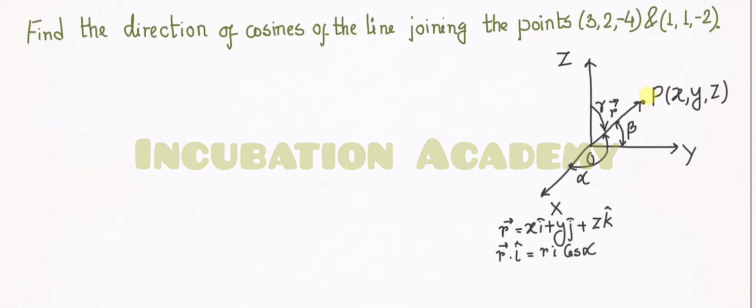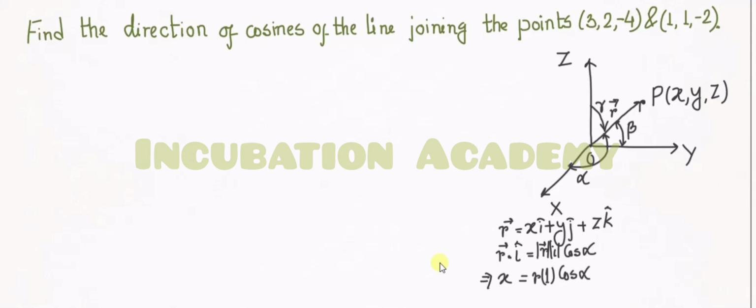And if I do r dot i cap, we get x only, since the other components, the j and k components, are 0 for this. So r dot i is x, r is r, i cap's value is 1, and so it becomes cos alpha.